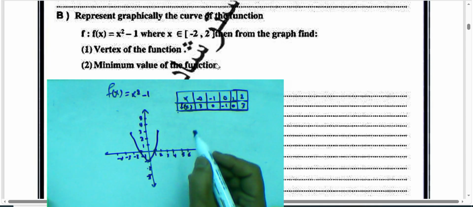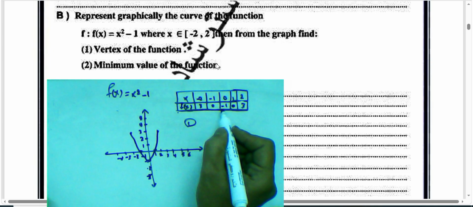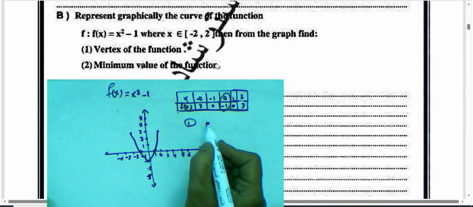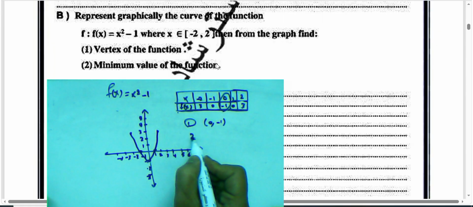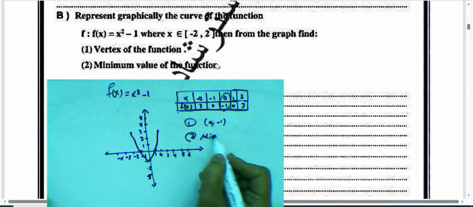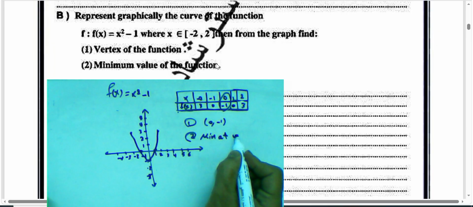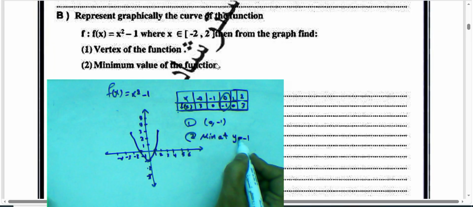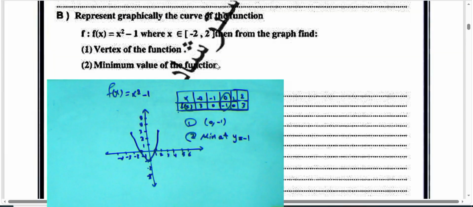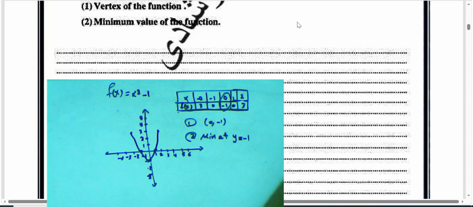Number 1, the vertex here will be 0 and negative 1. Number 2, the minimum is at y equals negative 1. Understood? Next question.